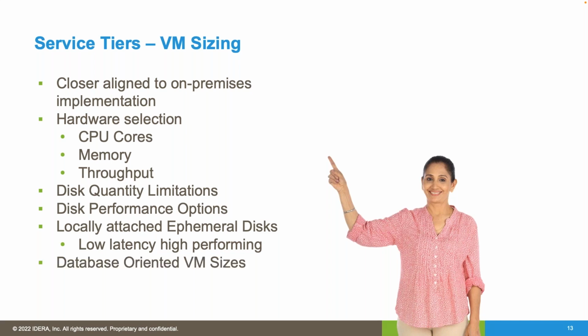Database-oriented VM size, I kind of already mentioned that. There are memory optimized virtual machine sizes for AWS, Google Cloud, all that, which are best suited for platforms like SQL Server. So go look at them.